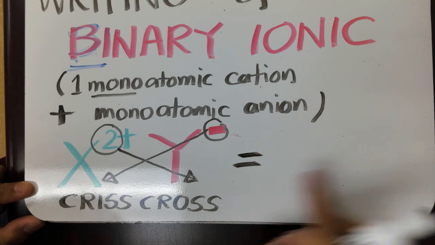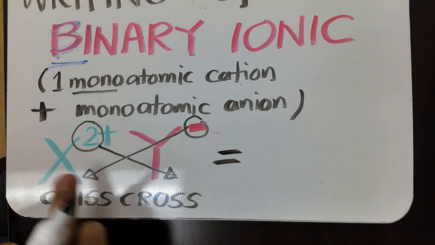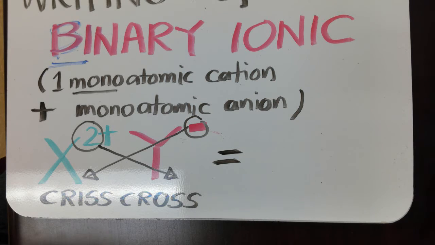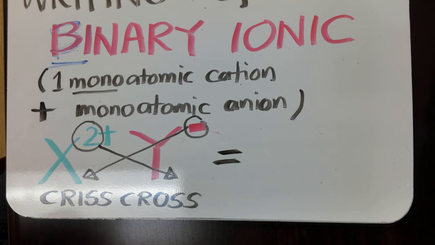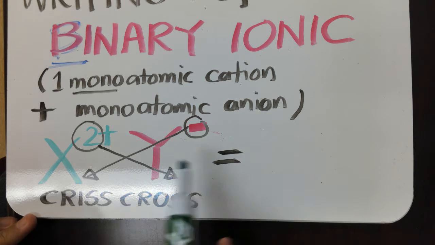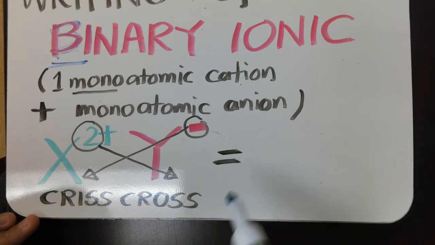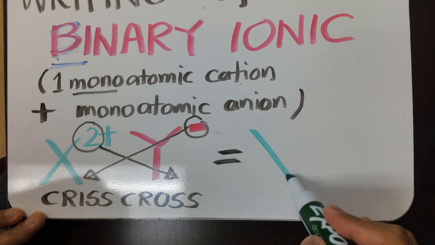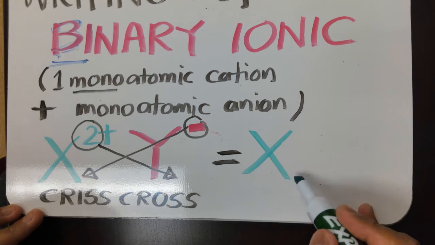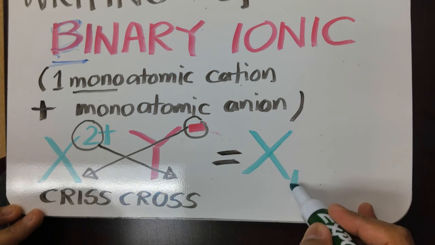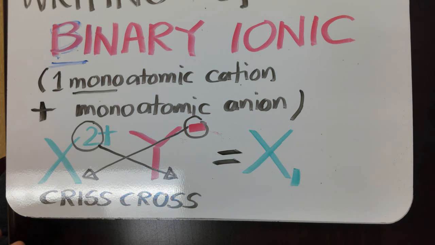So what's the outcome of this crisscrossing of x and y? Remember the value of this is a 1, so x will have a subscript of 1. I write down the symbol of x, and the subscript is 1.